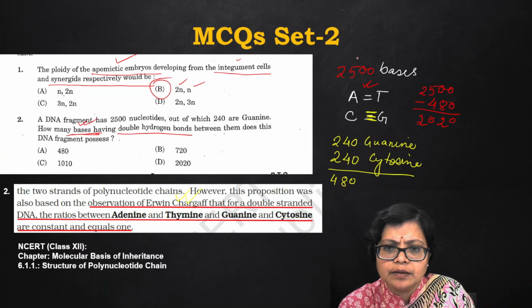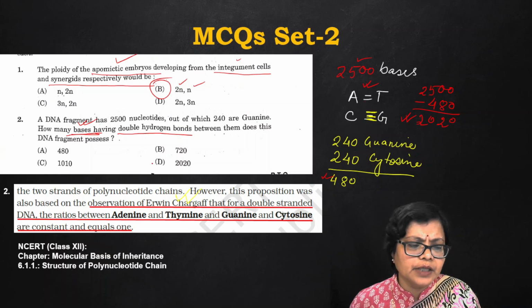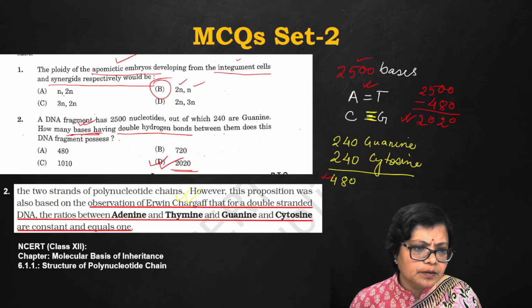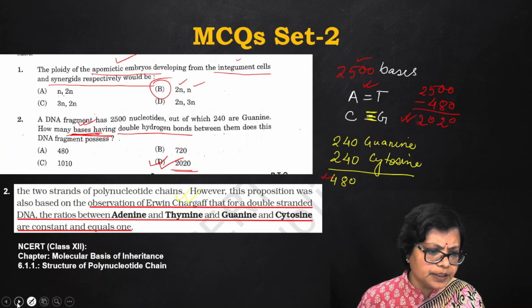So total 2500, out of that 480 have triple hydrogen bonds. The rest, that is 2020, will be the answer for having double hydrogen bonds. So the correct answer will be D, 2020 bases. I hope this part is absolutely clear to you.